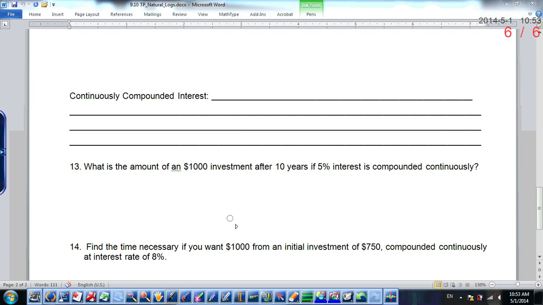And they've calculated that that can be represented by an equation called the continuously compounded interest equation, which has an e in it. So the way we write that is A equals P times e to the RT power, PERT.